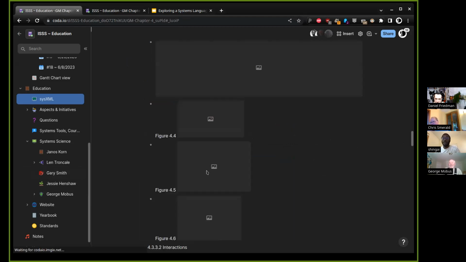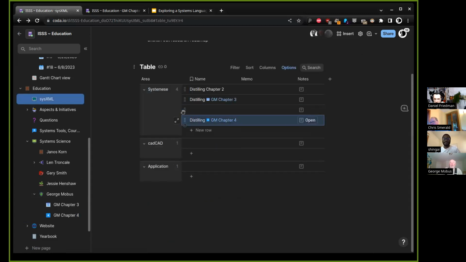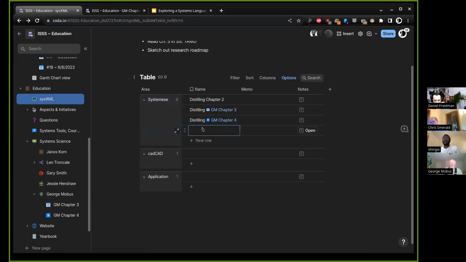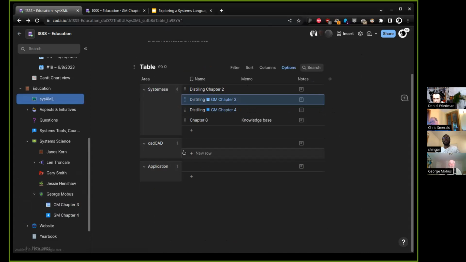Chapter 8 for the knowledge base. Oh, yeah, that's where the details are. Okay. So would chapters 2, 3, 4, and 8 compose a specification? At least the first draft of a specification.